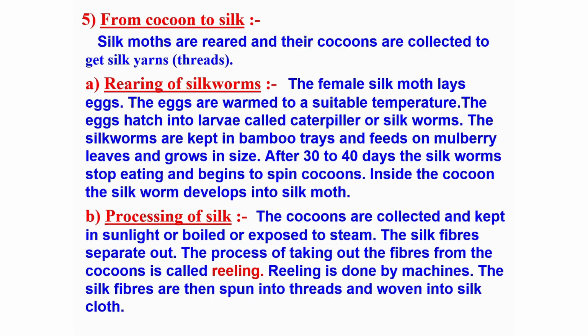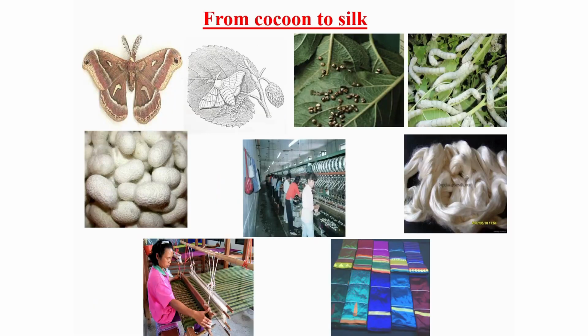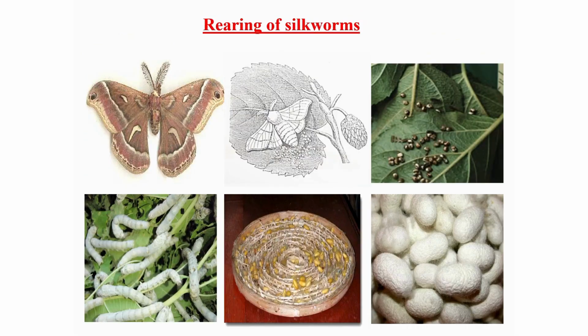Reeling is done by machines. The silk fibers are then spun into threads and woven into silk cloth. So this is the process where it is shown how from cocoon silk is made. Now rearing of silk moths.